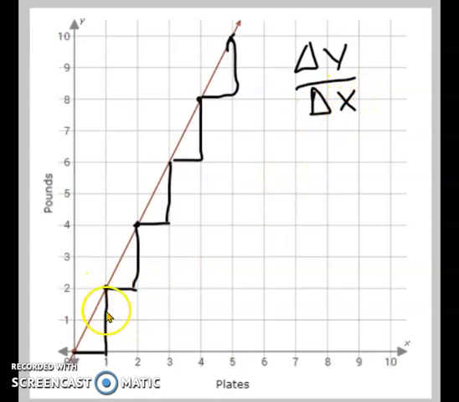And if you notice, my rise is 2, and my run is 1. And 2 over 1 equals 2. Or, going back to what it said, 2 pounds of clay per plate.